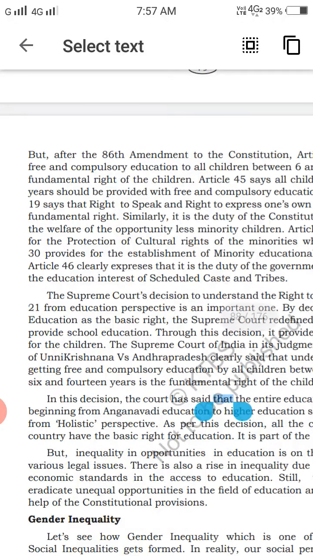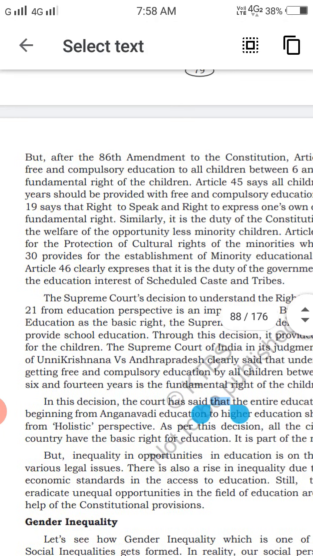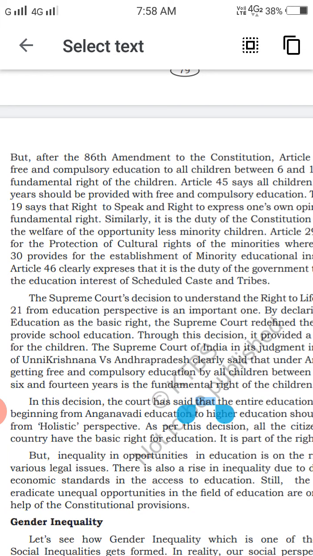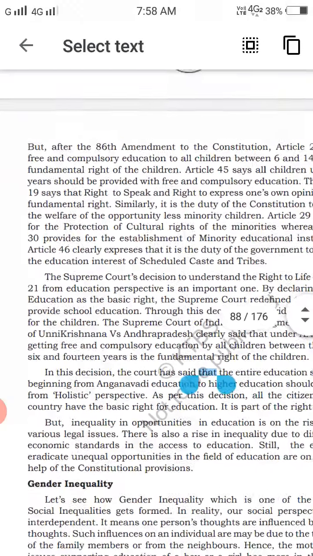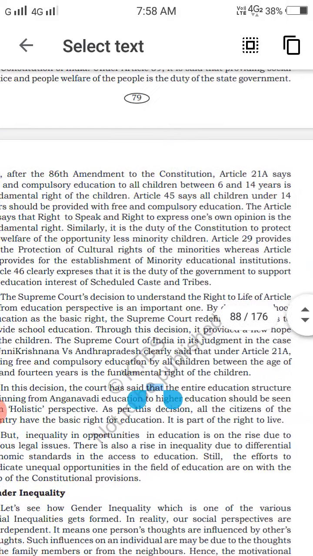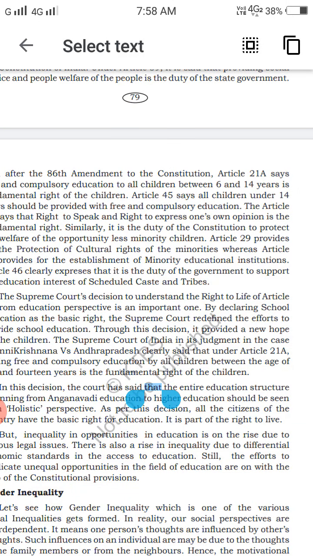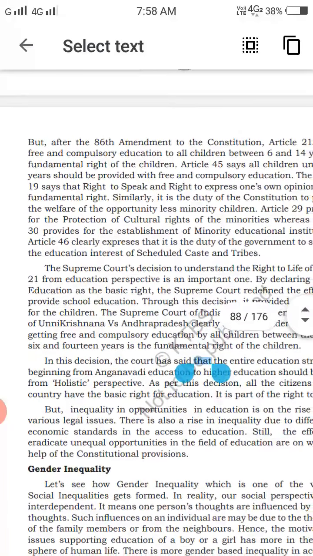According to our Constitution, every man has the right to speak and express his opinion. That is a fundamental right, whether it is good or bad, whatever policies the government has made, you can comment on them, because the Constitution has given that right. Similarly, our Indian Constitution mentions that we can get the opportunity to take education. That is a fundamental right.